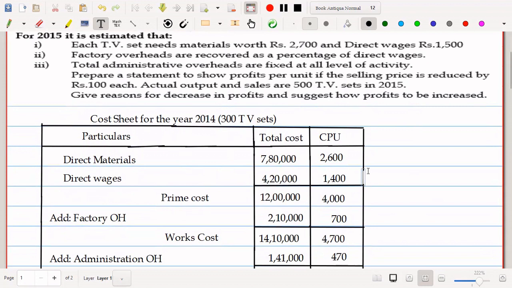Suppose direct wages is 100%, what is the percentage of factory overhead to direct wages? There will be a small working note for that, let's see. Percentage of factory overhead to direct wages.